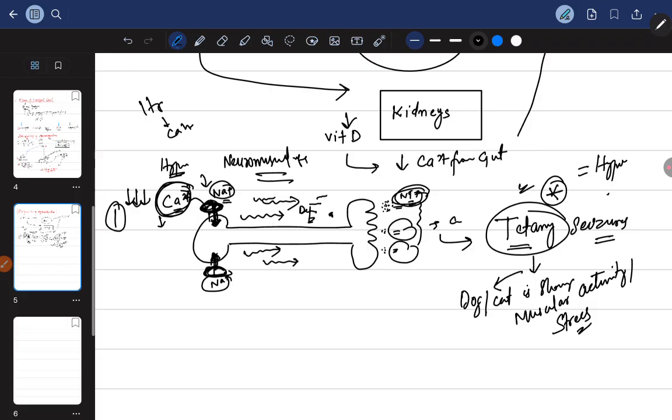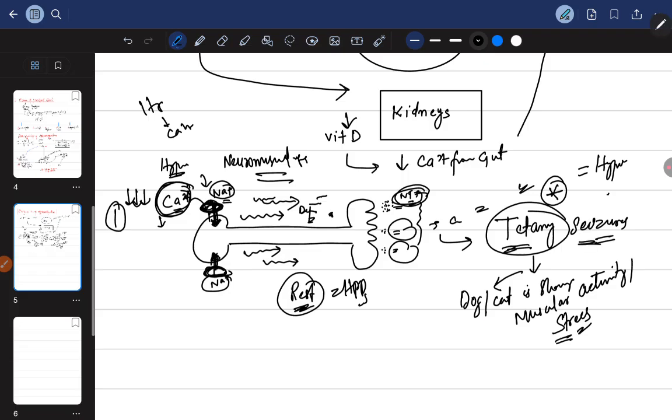If a dog is at rest, there will be fewer chances of tetany. Although the dog or cat is suffering from hypoparathyroidism, if it is at rest, there is less chance of tetanic seizures. Whenever the dog is showing muscular activity, you will always see these tetanic seizures.